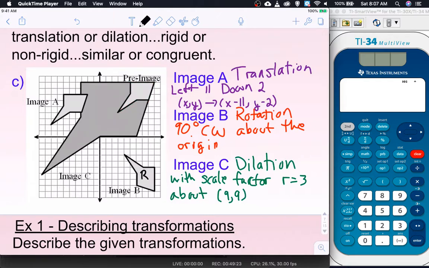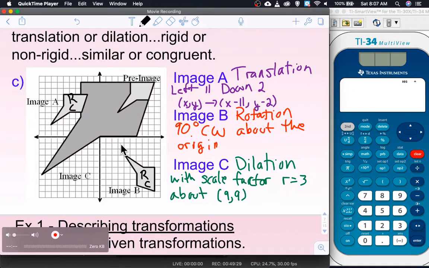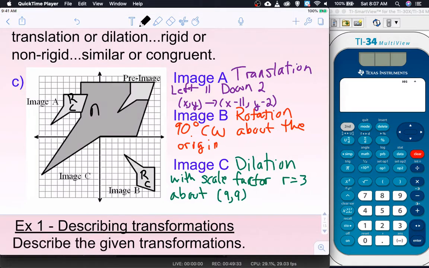So that was rigid and congruent. That one's rigid and congruent. And my big dude here, well, that is non-rigid. Should probably use capital letters for everything, huh? Not rigid. It is similar. Similar is the same shape, different size. Congruent is they're twinsies. They're identical.